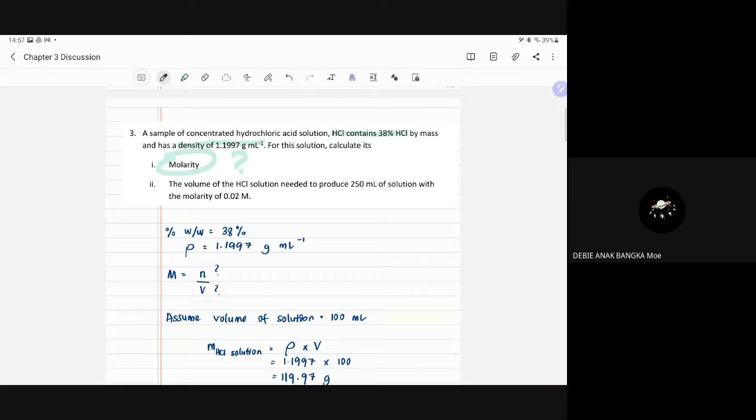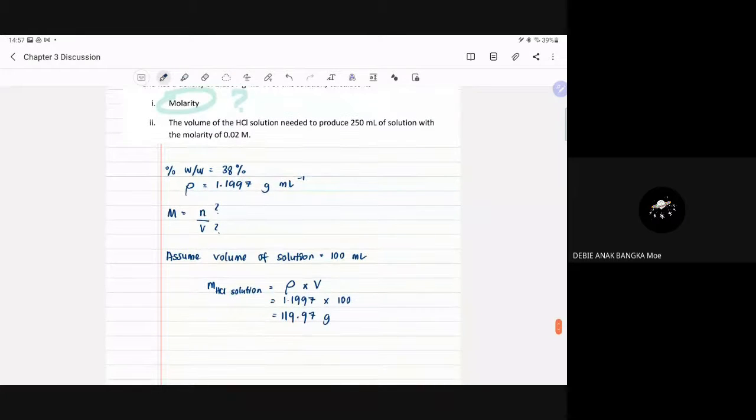Jadi kalau kita nak ubah unit kepekatan, kita akan assume volume kalau dia bagi density. Okay. So di sini dia bagi density, dia bagi percentage by mass. Kita nak cari molarity dia. Jadi kita buat assume tu lah. Okay. So assume volume of solution is 100 ml. So density dan volume kita dapat mass of HCl solution.